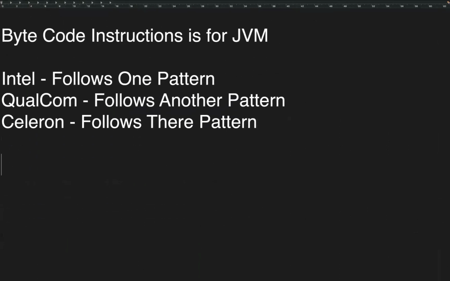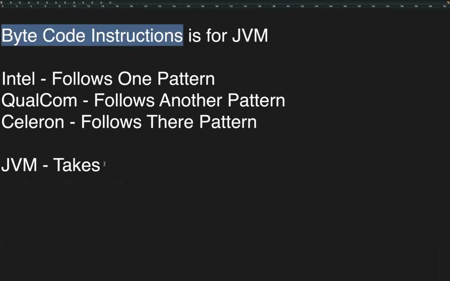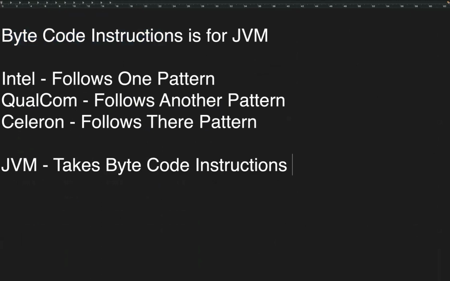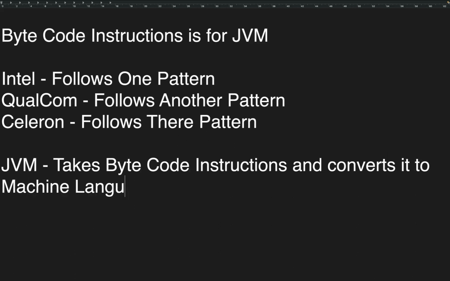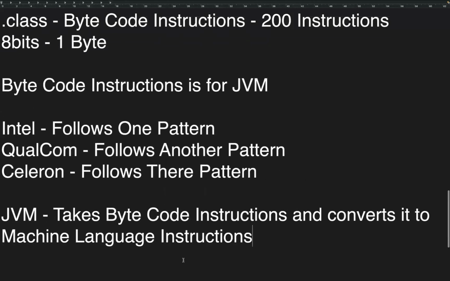What happens here? The role of the JVM is to take bytecode instructions and convert them to machine language instructions. This bytecode is for the JVM, and the machine language instructions are for the platform.